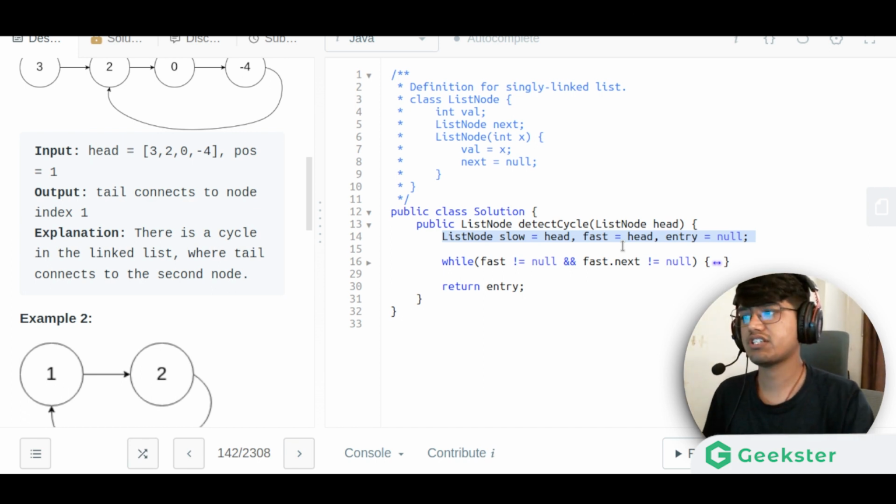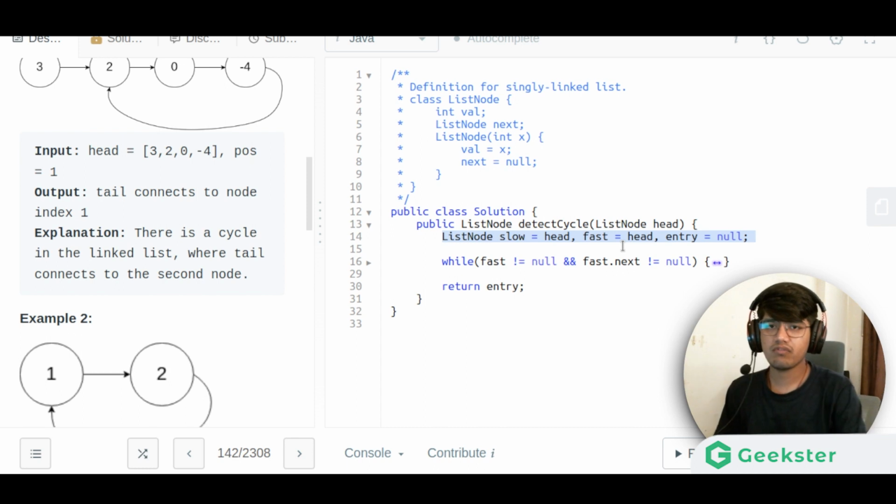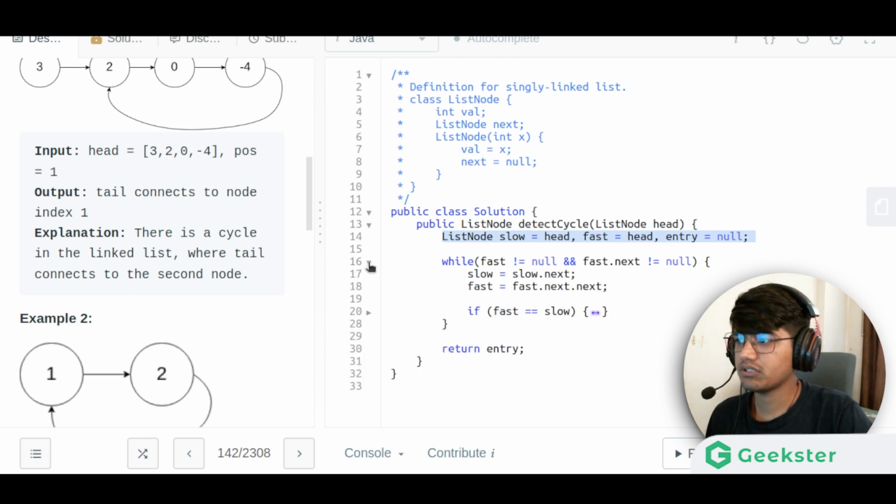We have the condition that fast should not be null and fast.next should not be null. We can even keep the condition of fast.next not equal to null, but this will also work fine. Inside the loop, the slow pointer jumps 1 position and the fast pointer jumps 2 positions. First we do the jumping part.